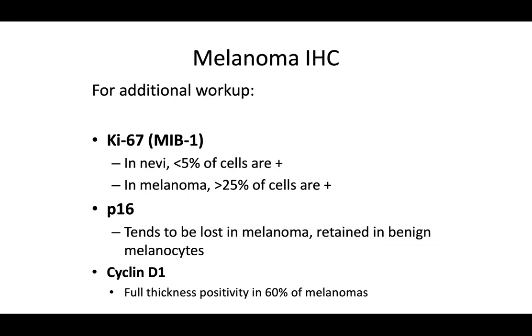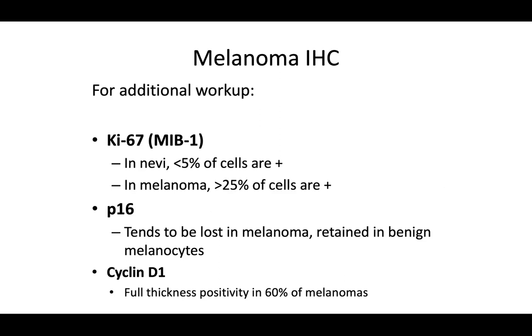I'll also always mention this in the report. Even if it's a benign lesion, I will mention the approximated proliferation index. Usually in nevi, you have less than 5% of cells being positive for Ki-67. In slam dunk melanomas, it's as high as 25% of the cells are positive.